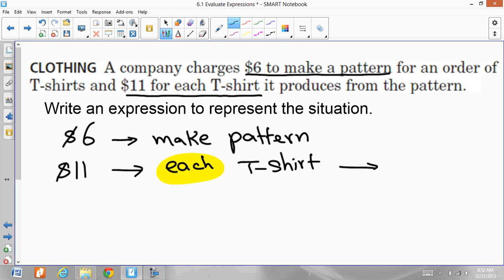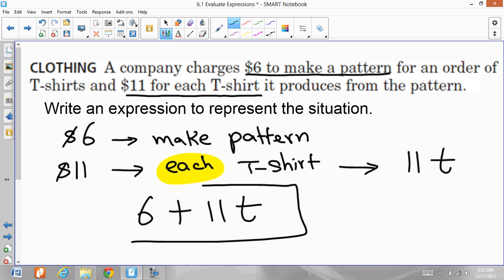So I'm going to write it as 11T. T stands for the t-shirt. So it's going to cost you $6 plus 11T to represent the situation, and this is the algebraic expression that they are asking you to refer back to.